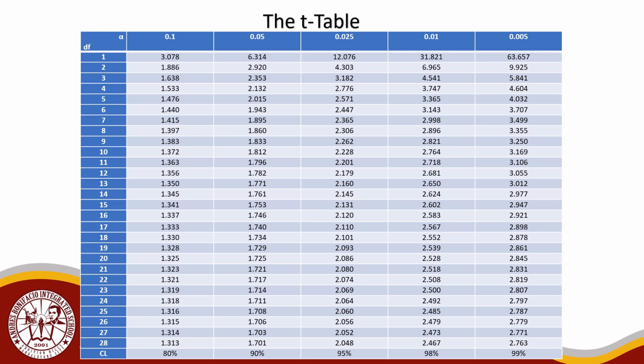And then of course, ito yung mga t-value na nandito sa gray part. So yan po yung mga degree of freedom, and then ito naman po yung alpha or yung area to the right tail. Okay, so gagamitin natin yan mamaya in finding the t-value of a t-distribution.